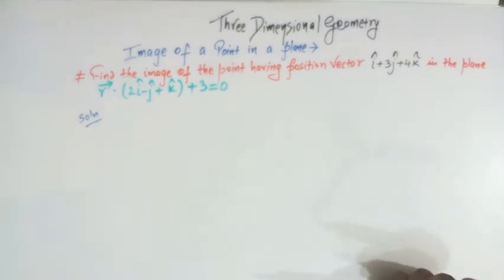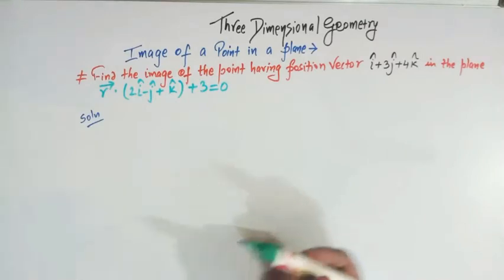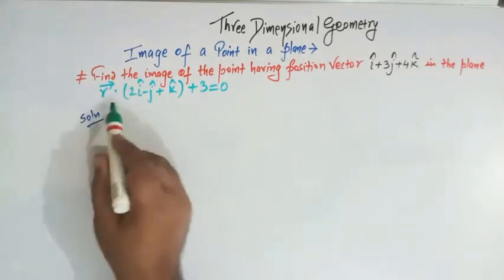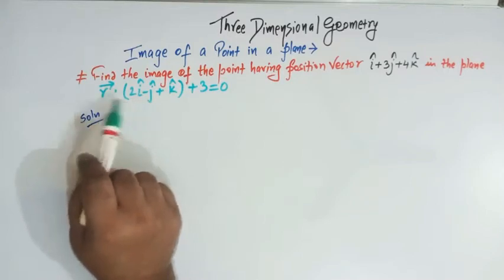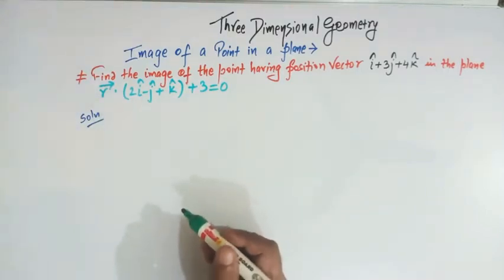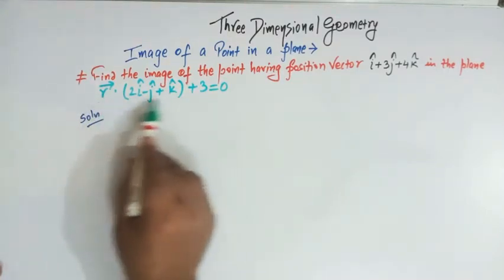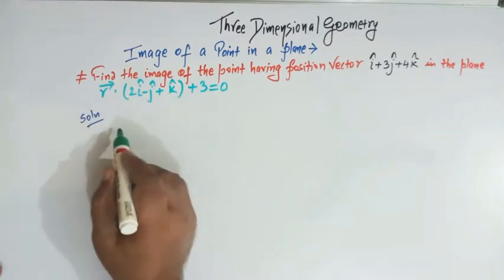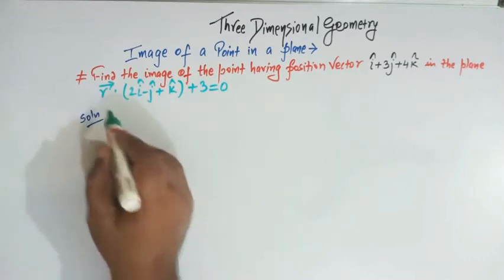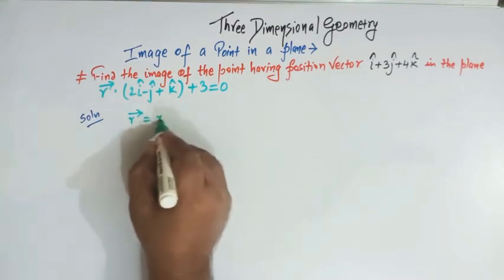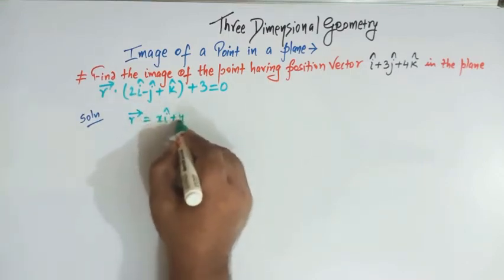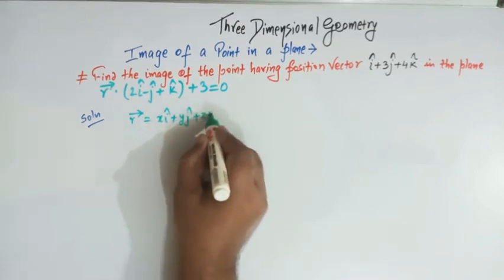to 0, right? So here the vector equation of the plane is given, and let us first convert this vector equation into Cartesian form. So we know that the vector r is xi cap plus yj cap plus zk cap.